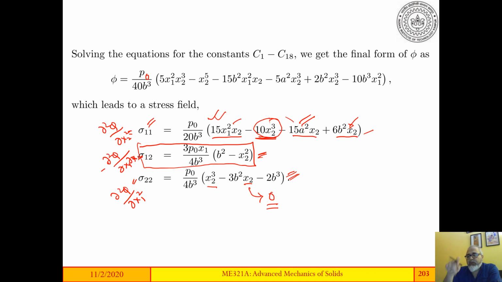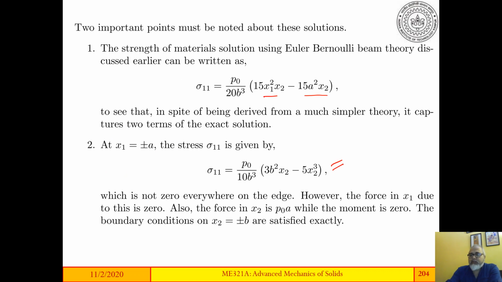And sigma 1,2 integrated from the lower edge to the upper edge, that is from minus b to b, will give you p naught a. But the boundary conditions are not satisfied point to point because we have not used the exact boundary condition. We have used a weak form of the boundary condition on the left and right edges.